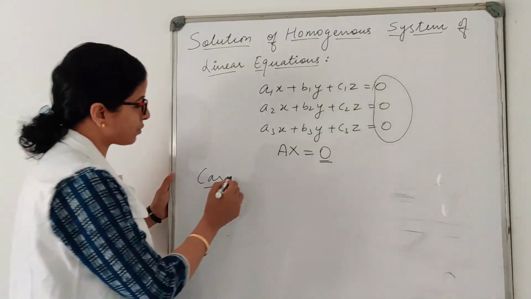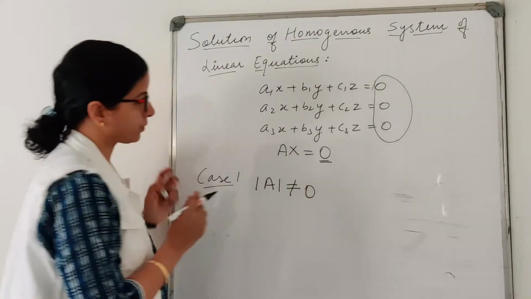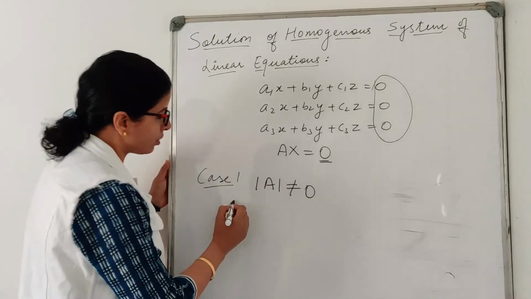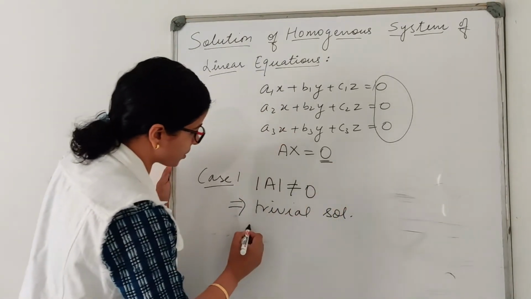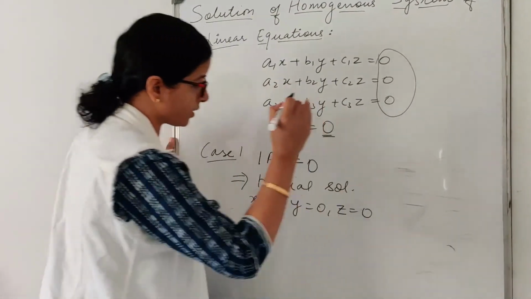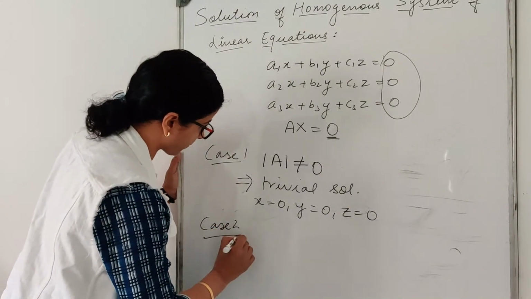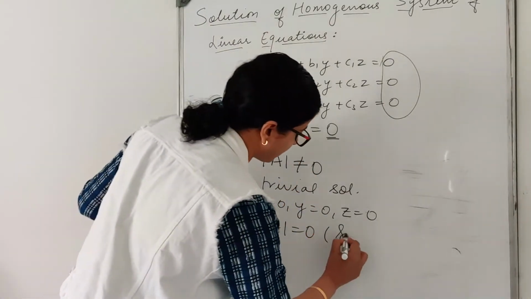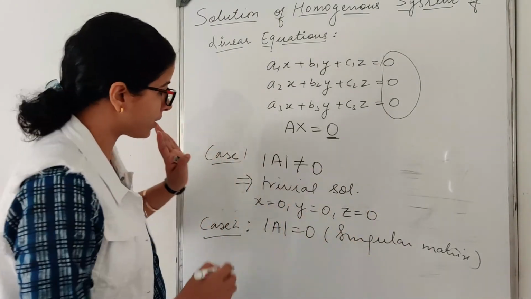Case 1 is determinant not equal to 0. If I find the determinant of A and it is not equal to 0, this implies the trivial solution. What is that trivial solution? X is equal to 0, Y is equal to 0 and Z is equal to 0. This is case 1. What will be my case 2? Determinant A equals 0, which means it will be a singular matrix. Whenever my determinant is equal to 0 and it is a singular matrix, what we used to find?